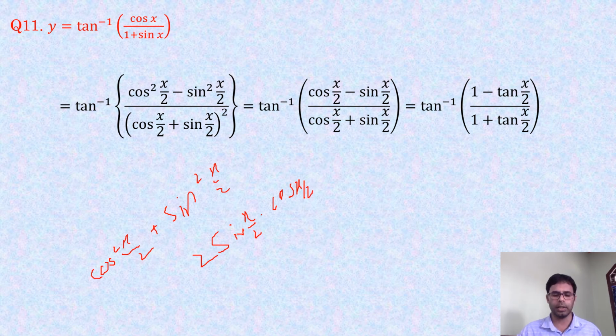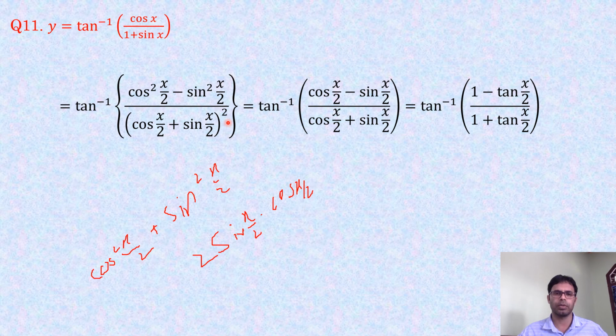This is of the form a square plus b square plus 2ab, so it is (a plus b) whole square. That is why I am writing 1 plus sin x as (cos x by 2 plus sin x by 2) whole square.